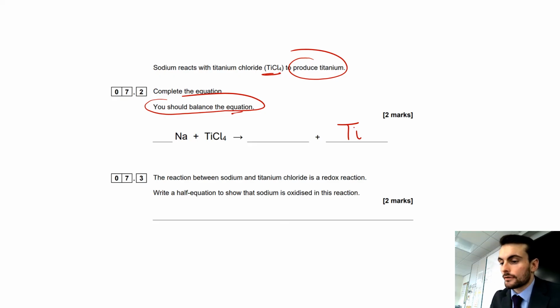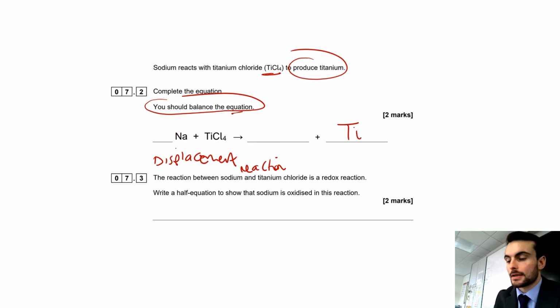The other thing you should know, similar to the previous question, is that this is a displacement reaction, where we've got a more reactive element displacing a less reactive element from a compound. So sodium is more reactive than titanium, so it's going to replace it. So you're going to end up with sodium chloride. Sodium chloride's formula is NaCl because it's both group 1 and group 7. And then we need to balance it.